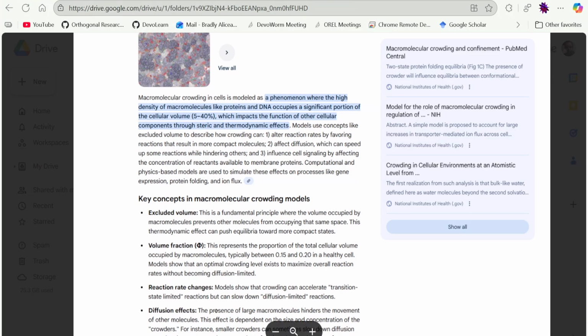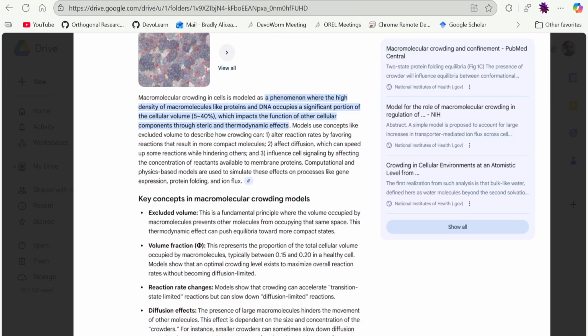Models show that an optimal crowding level exists to maximize overall reaction rates without becoming diffusion limited.